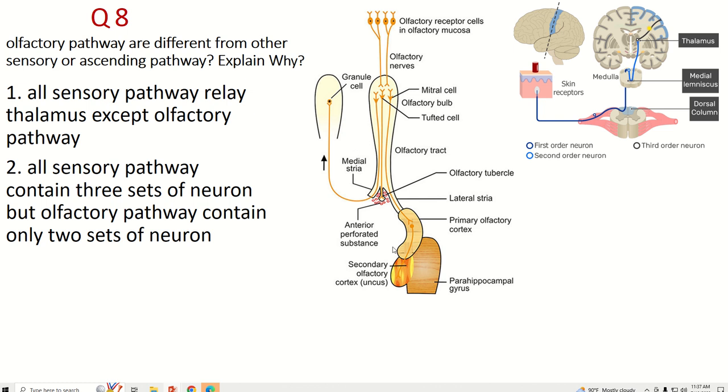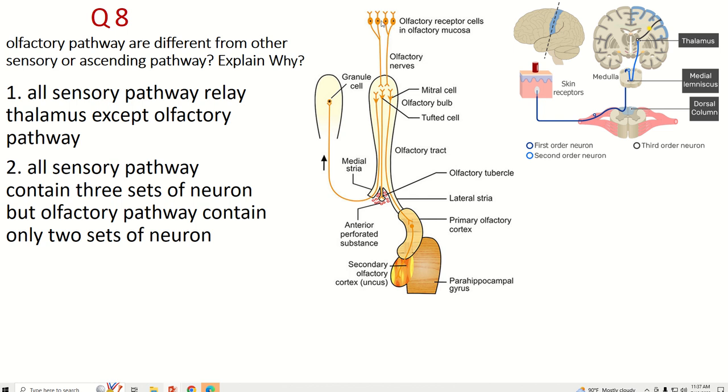In the olfactory pathway, two sensory neurons are involved: first, the bipolar olfactory receptor cell, and then the mitral cell.